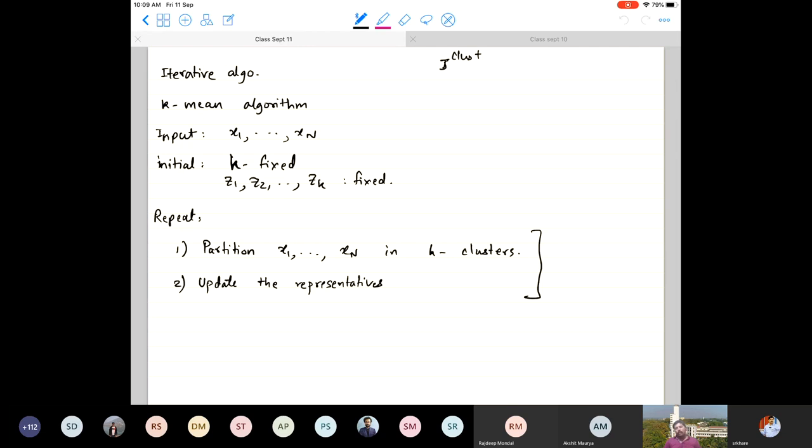How fast, how quickly it decreases, all these things depend on initialization. You have to fix the value of k. If you change the value of k, everything is going to change. So there are lots of things that need to be looked at in order to show that this thing really is going to work, and that the J cluster value is going to decrease.